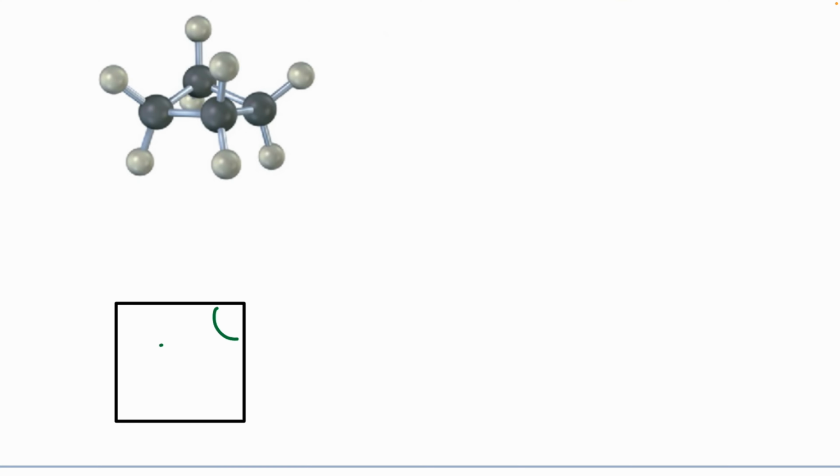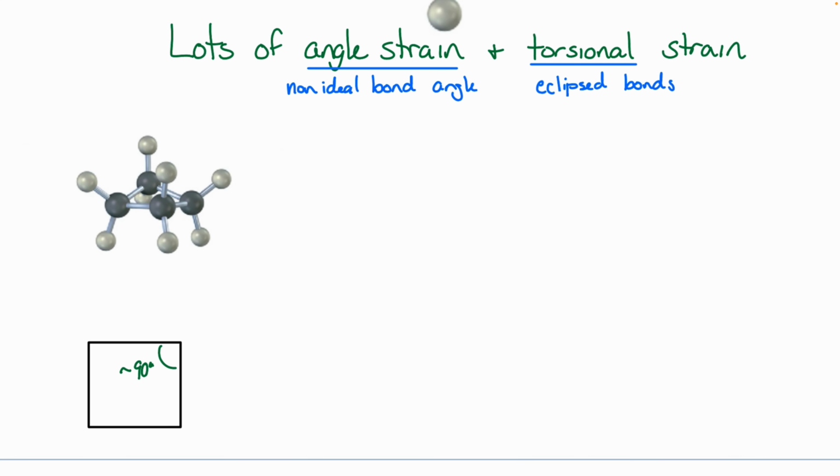This is still around the 90 degrees that you would expect. So a little bit less, but still lots of angle strain. All right, again, by angle strain, I mean those non-ideal bond angles.